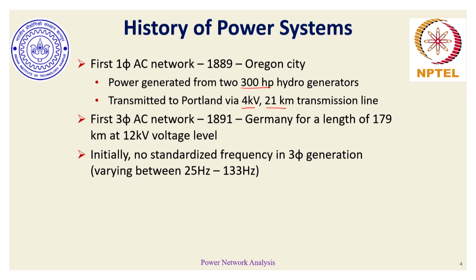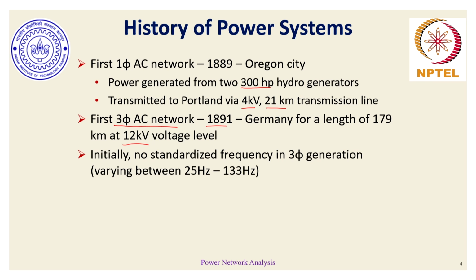Germany was at the forefront of establishing the first three-phase AC network in 1891 with an operating voltage around 12 kV, and for the operating frequency of AC networks, there was no standardization. All these networks were isolated networks, they were not interconnected.